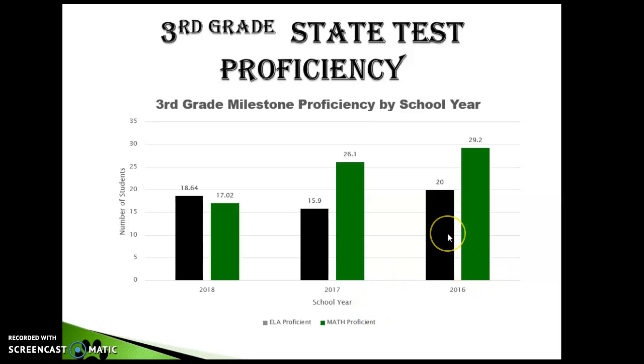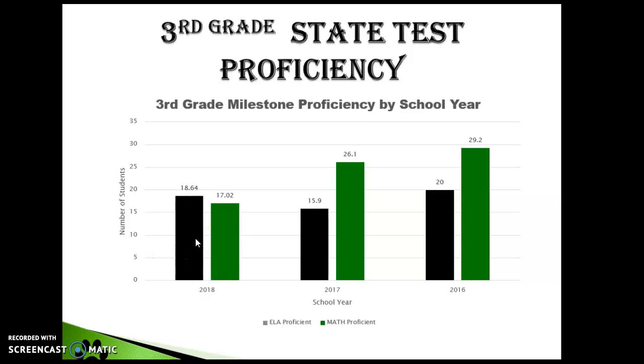As you can see, in 2016 we had a pretty good amount of proficient students in ELA in 3rd grade, and it declined a little in 2017 and declined even more in 2018. Oh, it rose again. ELA rose again in 2018.